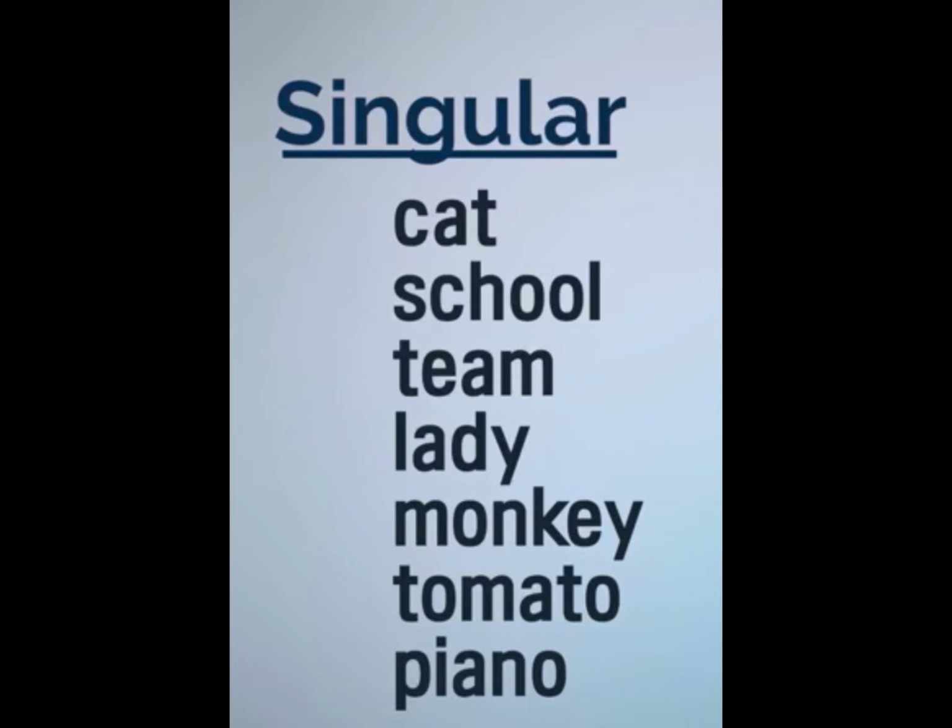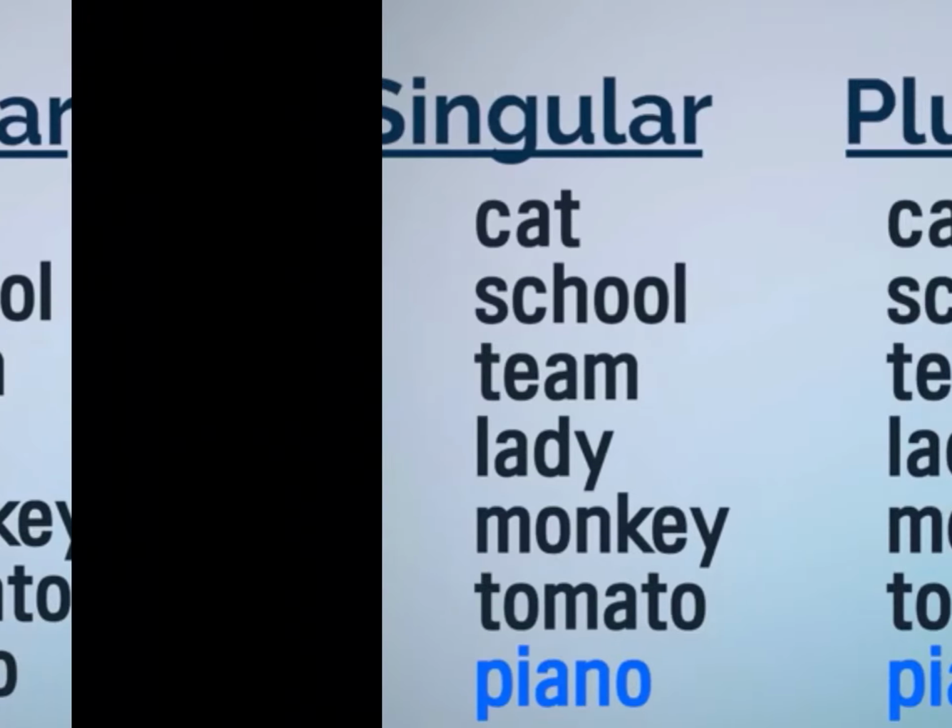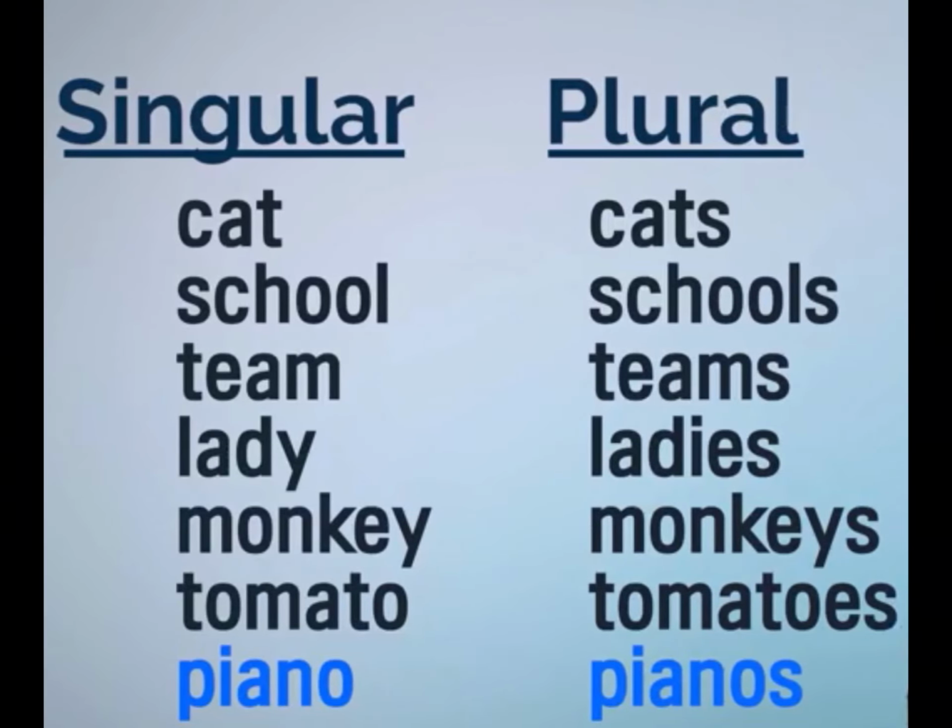So I will explain the difference. I will explain to you the different rules and practice together. Here we have singular: cat, school, team, lady, monkey, tomato, and piano. Remember these.